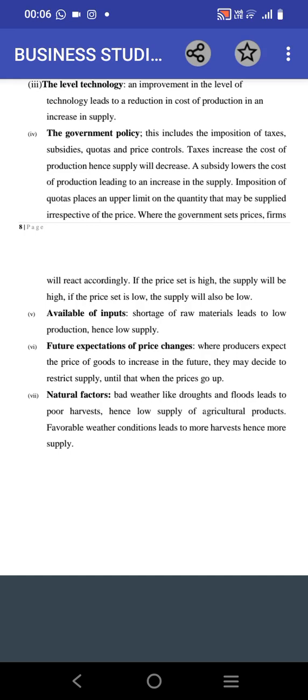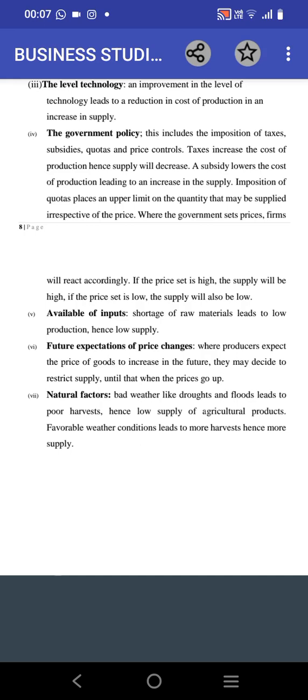If the input is available, it will lead to more supply of goods. Cotton is used to make clothes. If I'm selling clothes and there is more cotton wool, I will be supplying more clothes.